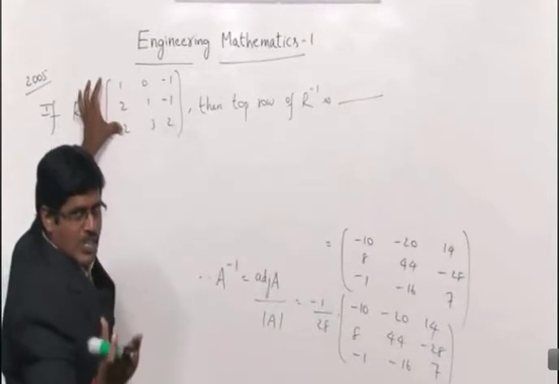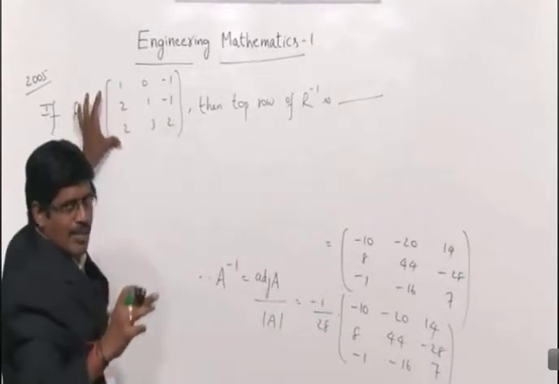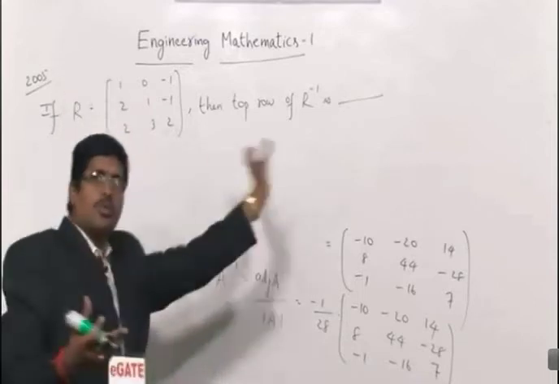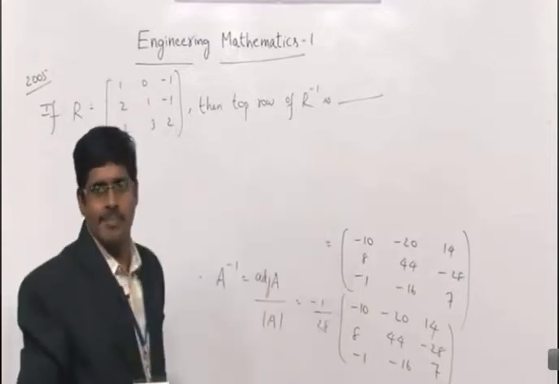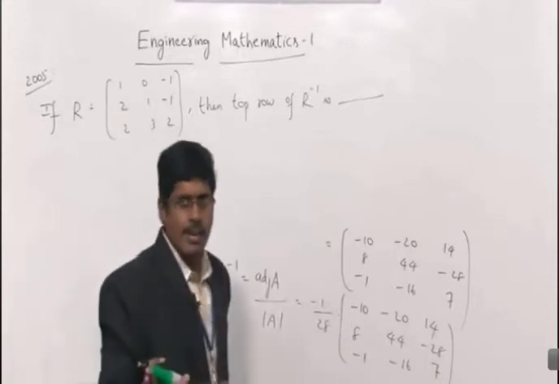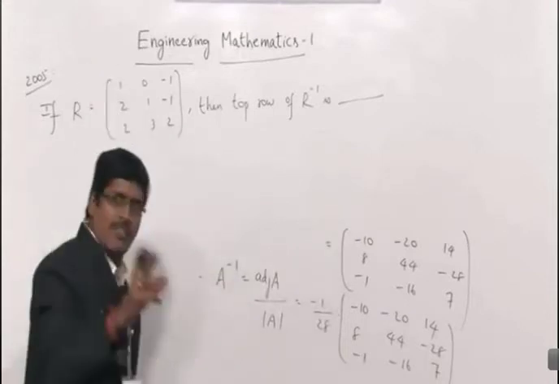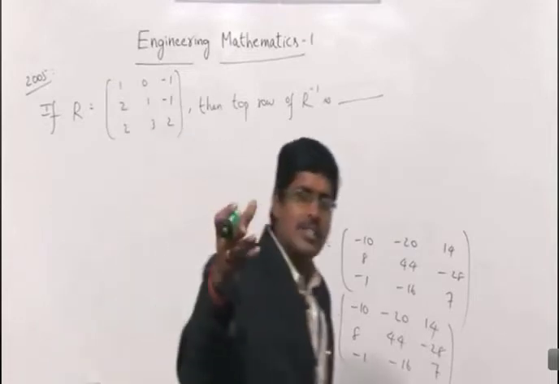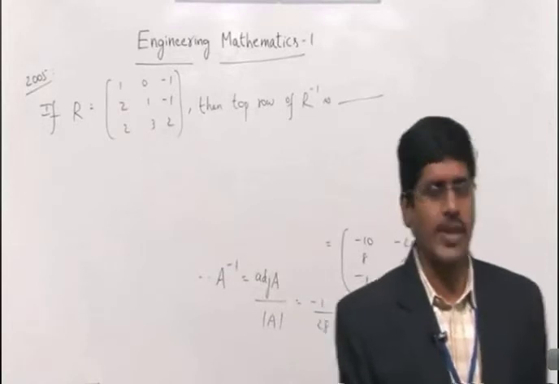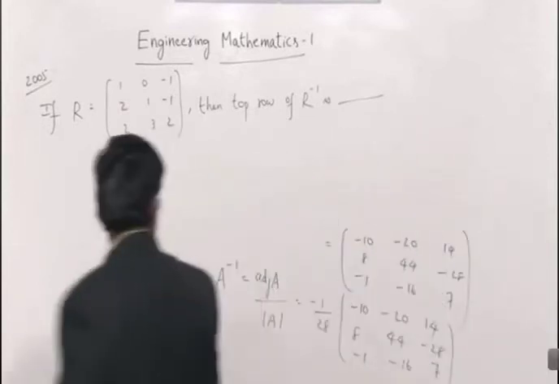After finding cofactors and going for adjoint A, that means putting these cofactors in a matrix and then transposing, this column goes to first row in adjoint A. So automatically R inverse is nothing but adjoint A by determinant A. So these first three elements, first column in R inverse, become the top row. That means in adjoint A, that is first row cofactors.